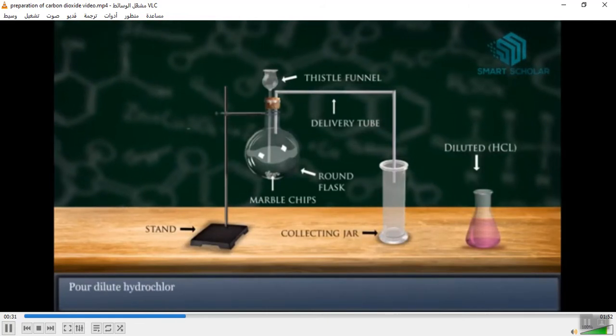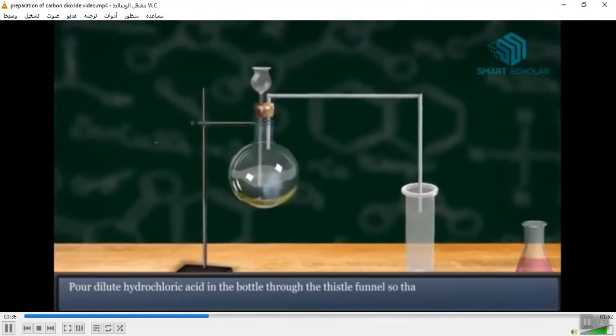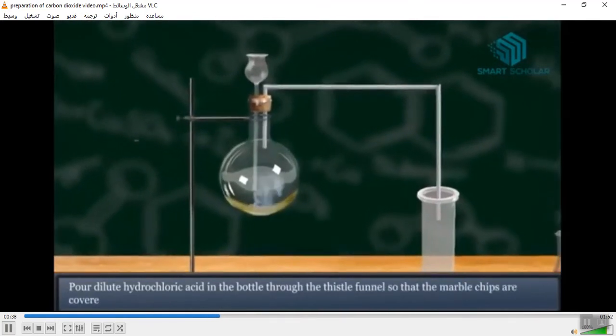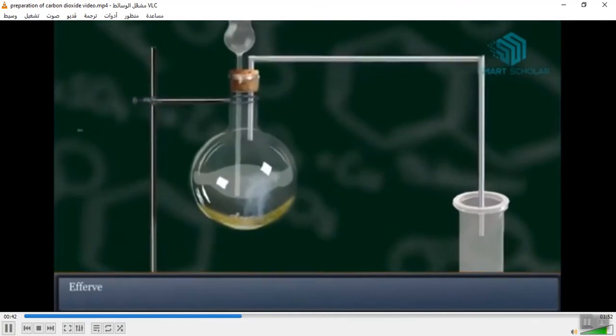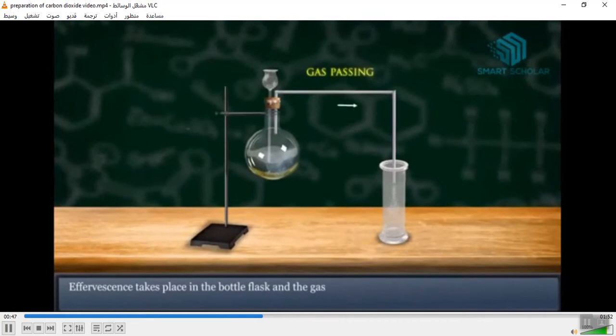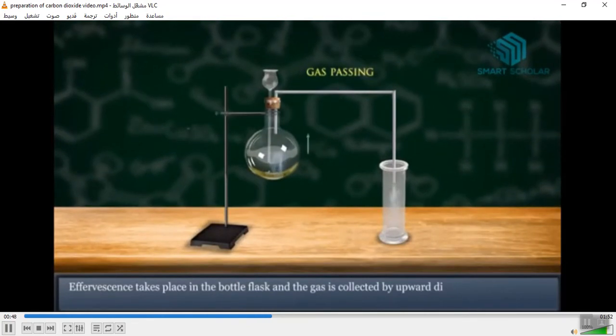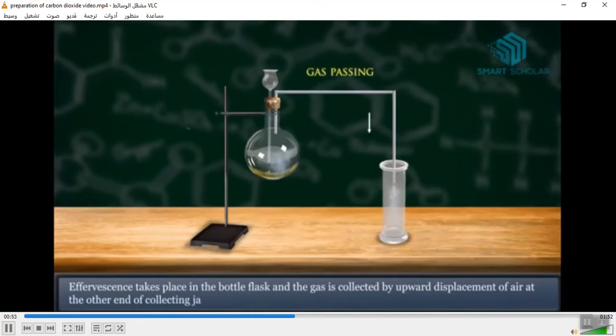Pour dilute hydrochloric acid in the flask through the thistle funnel so that the marble chips are covered with the acid. Effervescence takes place in the flask, and the gas is collected by upward displacement of air at the other end in the collecting jar.